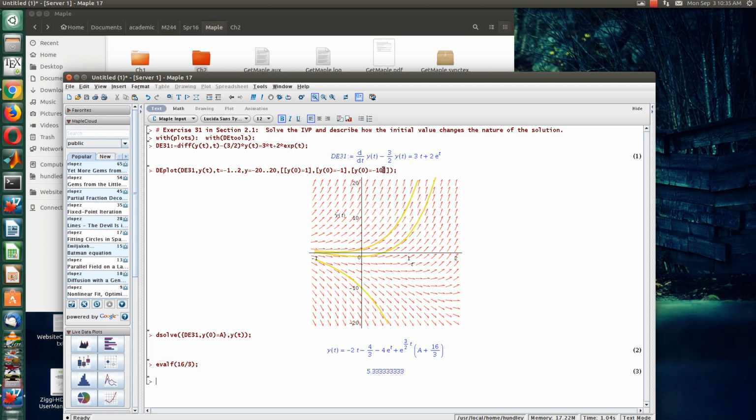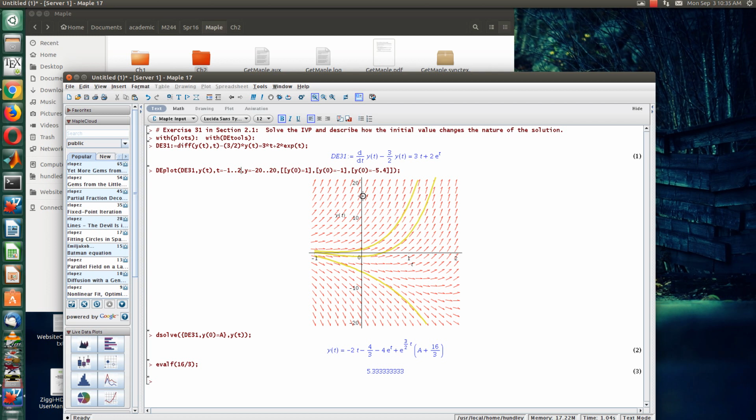So let's try a minus 5 here and see what happens. See, that's going to minus infinity, but then what happens if I put in minus 5.34? Maybe a little bit more than that. The numerical issues are going to overtake us here. There we go. I'm going to need to make time go a little bit further.